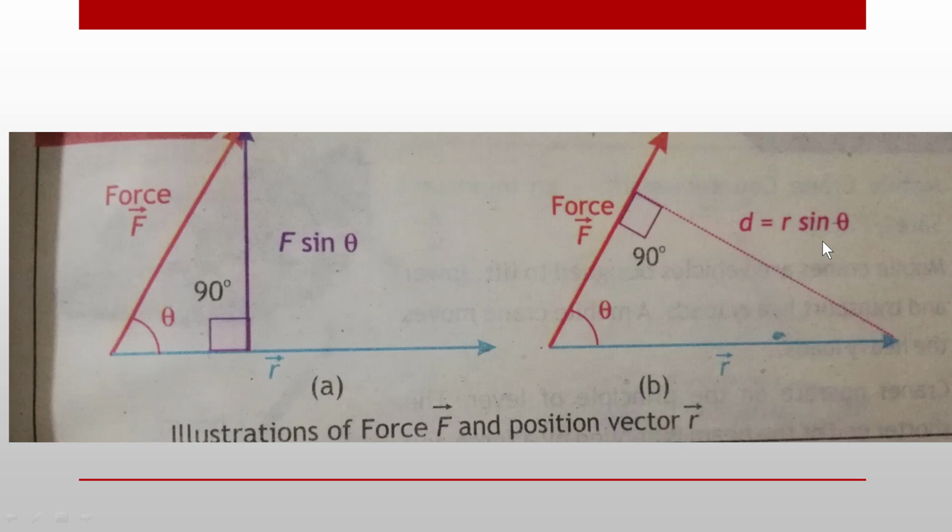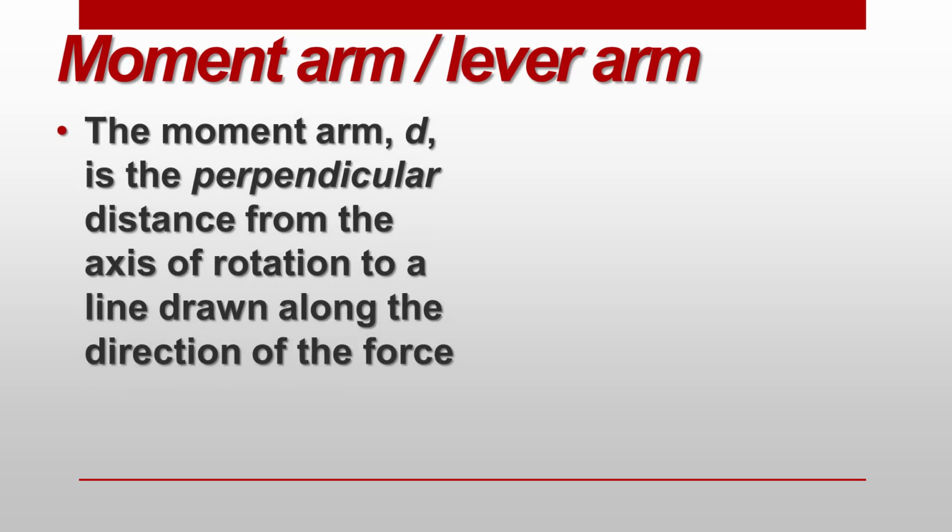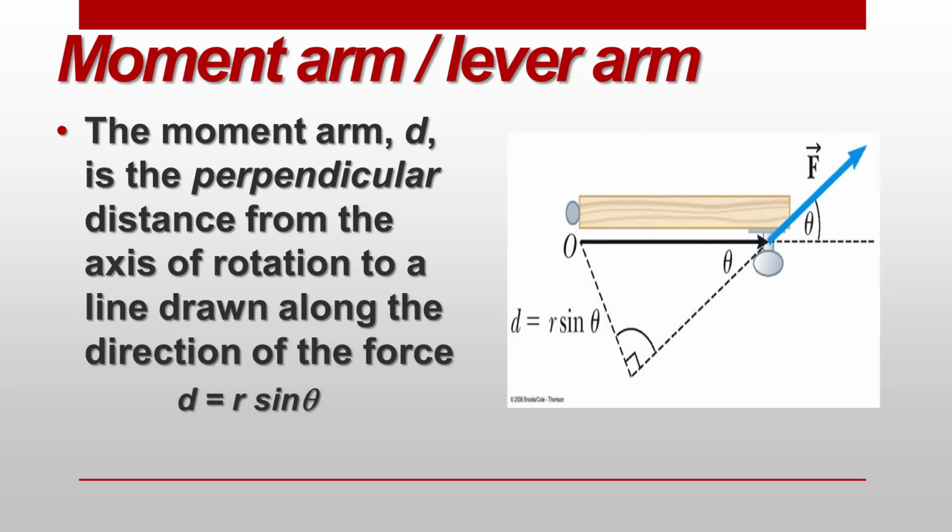If we are going to define it, the moment arm D is the perpendicular distance from the axis of rotation to a line drawn along the direction of force. So D is equal to R sine theta. What is D? The perpendicular distance from the axis of rotation to a line drawn along the direction of force, which is basically the line of action of force.